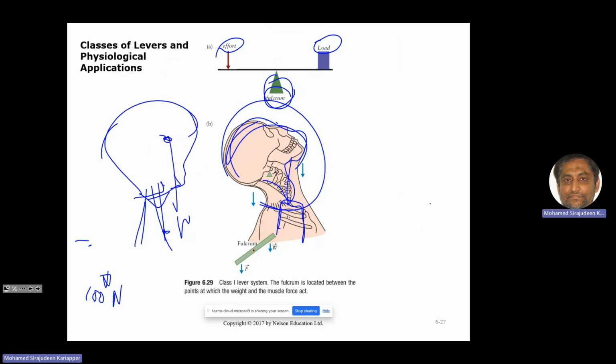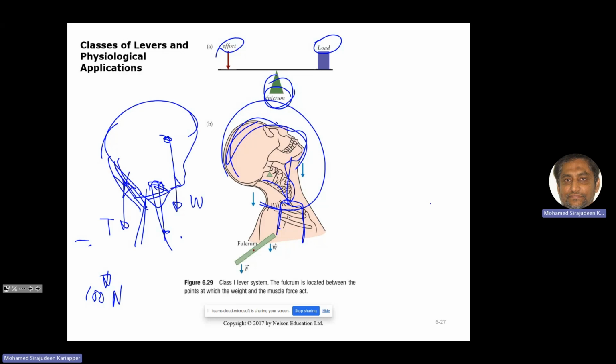The weight of the skull is to the right of the support. And you have the muscle here, which is going to pull this way. So there's the tension from the muscles, and the support is in the middle.